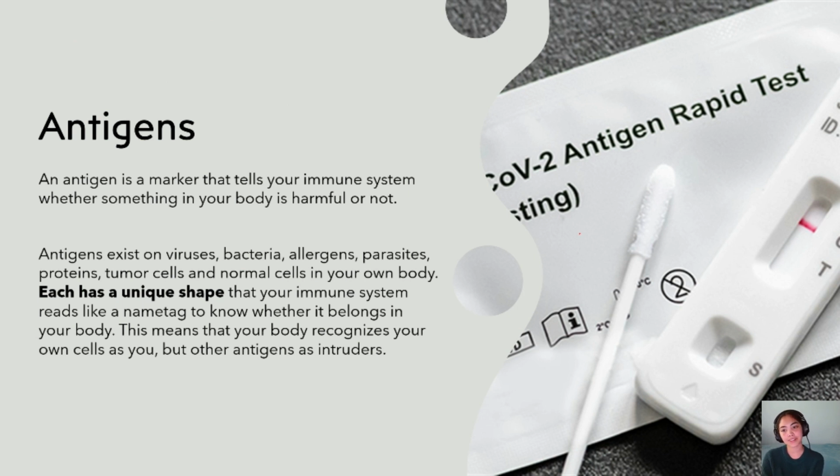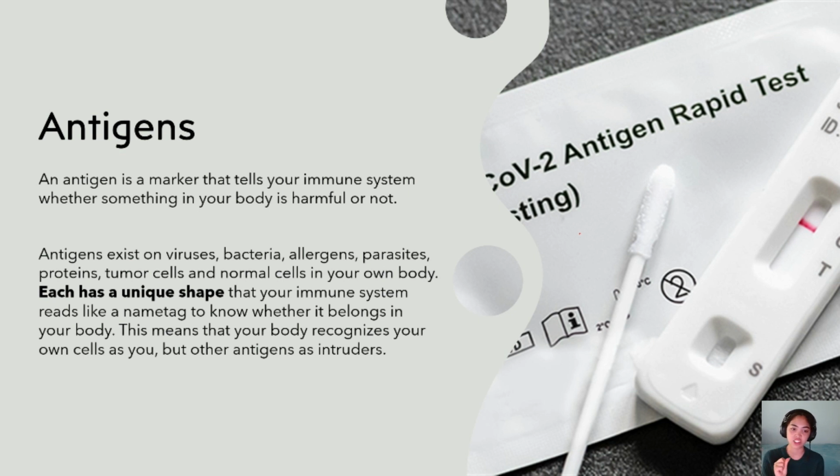To make it a bit more clear, an antigen is a marker that tells your immune system whether something in your body is or is not harmful. Like I said, our own body has antigens unique to us and our own cells, and our immune system uses that to say, okay, I recognize that antigen, I'm not going to attack it.